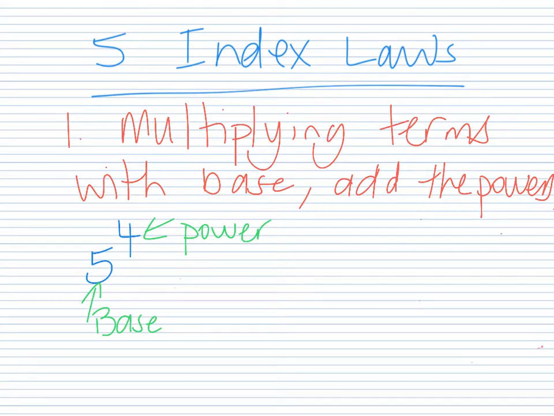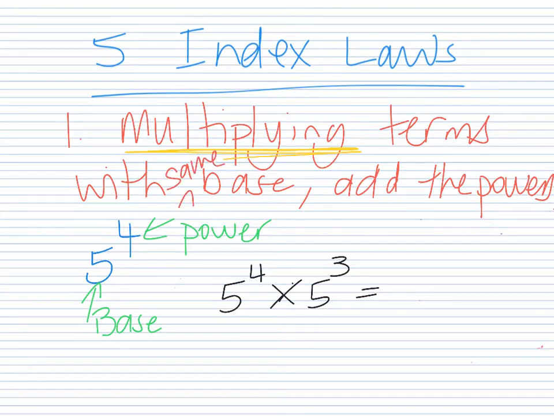So what this law is saying is, if we had the following equation, for example, let's say we had 5 to the power of 4 multiplied by 5 to the power of 3. What the law states is that when multiplying terms with the same base, so the same base here, 5 and 5, it's the same, so we can write 5.